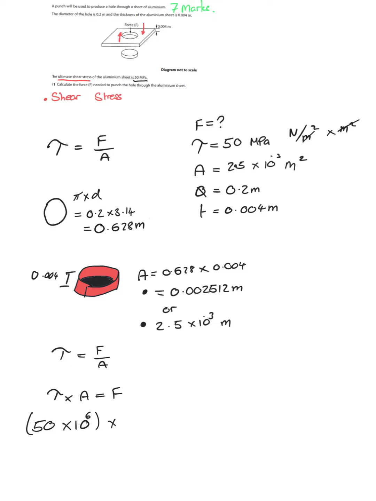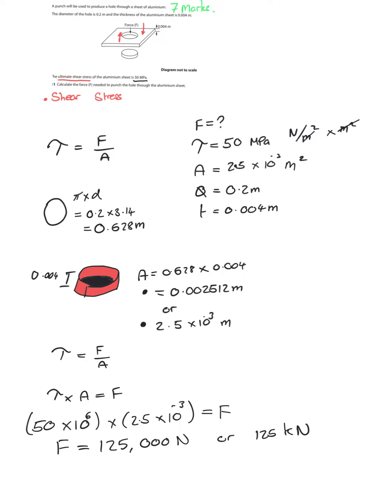So 50 by 10 to the power 6 times my area, 2.5 by 10 to the power of minus 3 equals F. Get your calculator, let it do all of the hard work for you, and it will tell you F is equal to 125,000 newtons, or if you want to rewrite it, 125 kilonewtons.